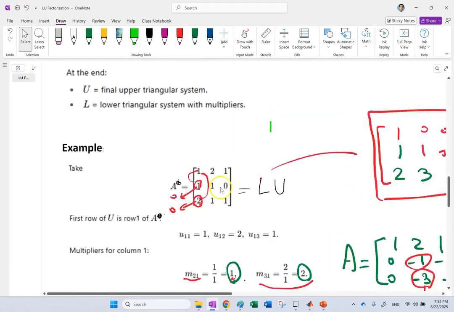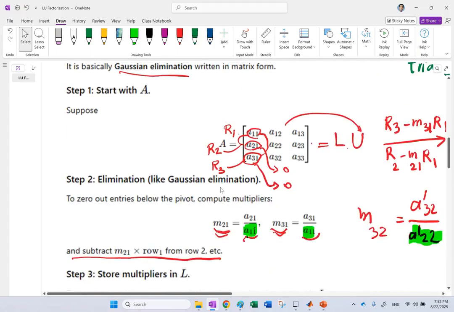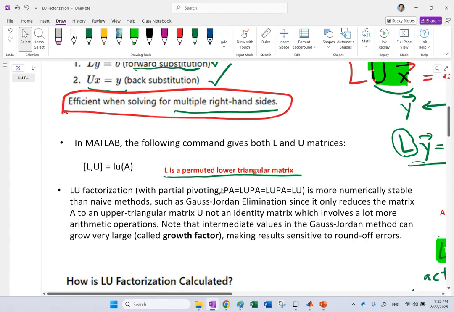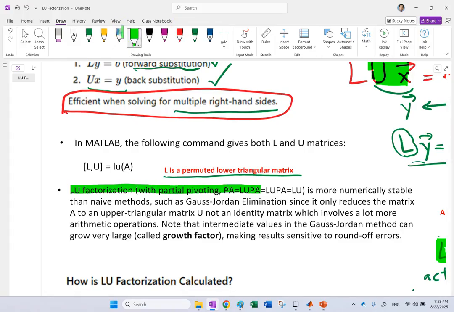Now, one last thing before we finish this, and that is about stability. If we use the partial pivoting that MATLAB is using, this method is numerically more stable for solving the system of equations AX equal B than simpler methods like Gauss-Jordan elimination or Gaussian elimination. Why?